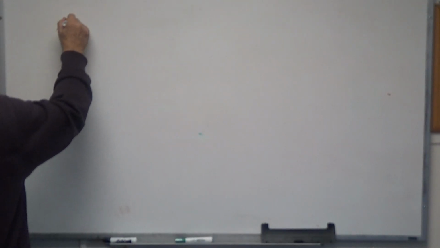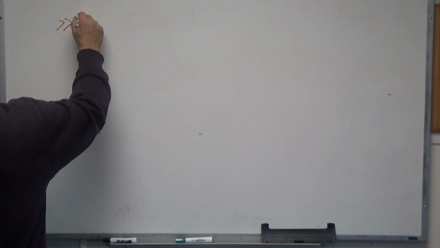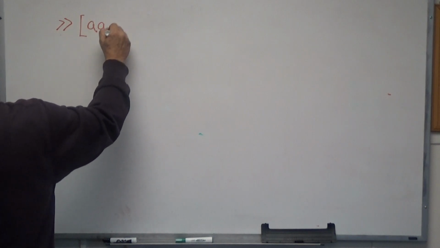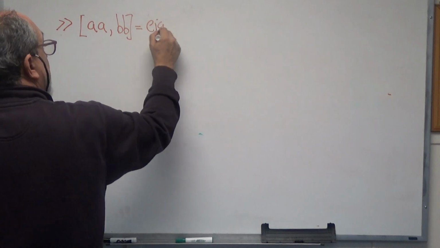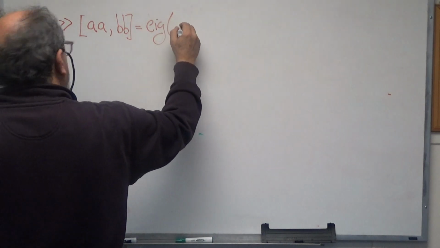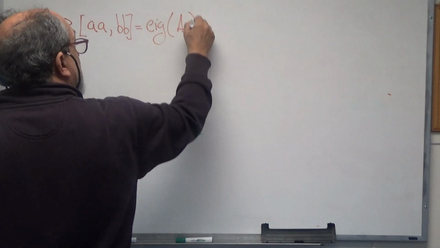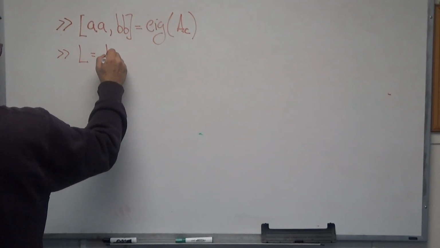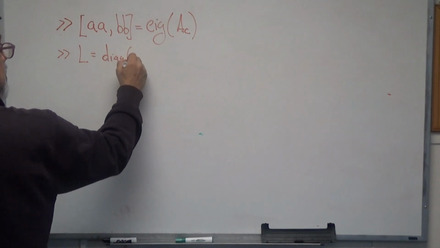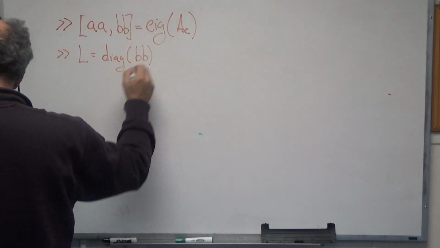So I am here, and I am saying AA and BB is equal to the eigenvalue solution of the matrix AC. And I am saying that L is equal to the diagonal of BB.